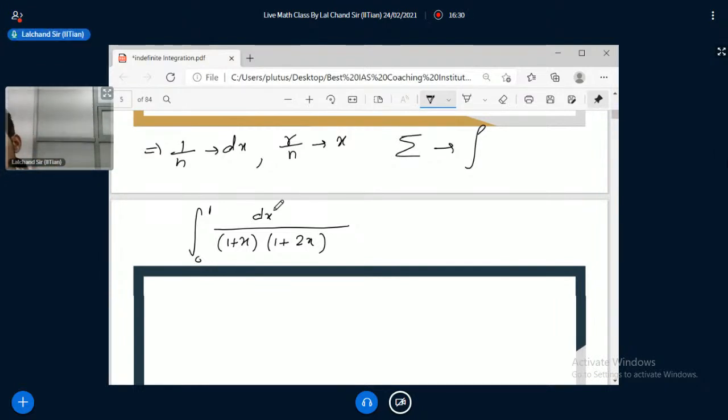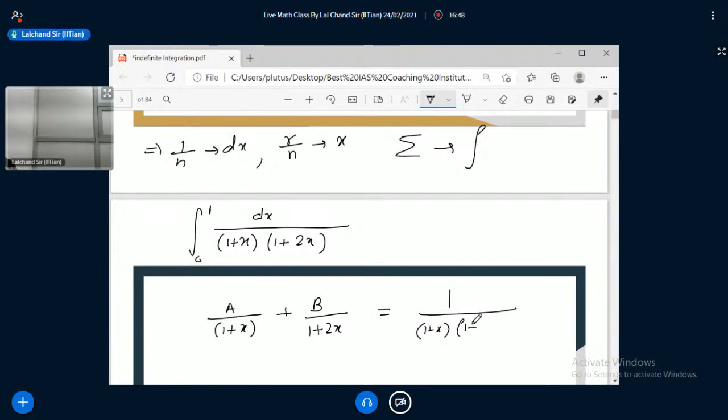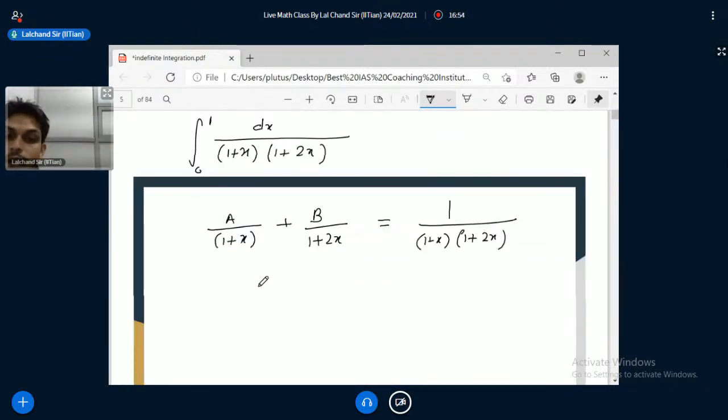Okay, if we use partial fraction here, then we can write A upon 1 plus x plus B upon 1 plus 2x. That must be equal to 1 upon 1 plus x and 1 plus 2x. Now we need to find the value of A and B. How to find the value of A and B?